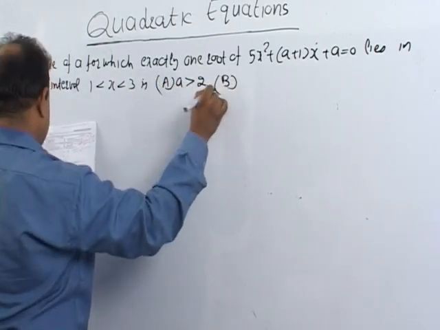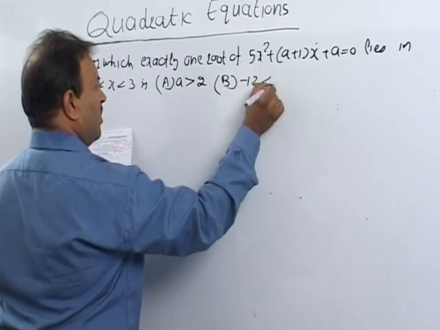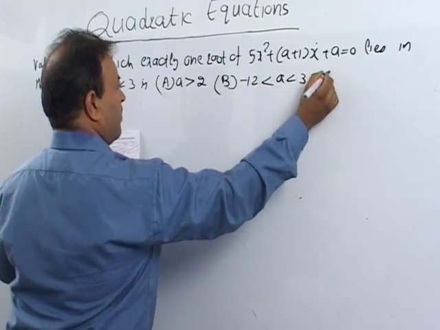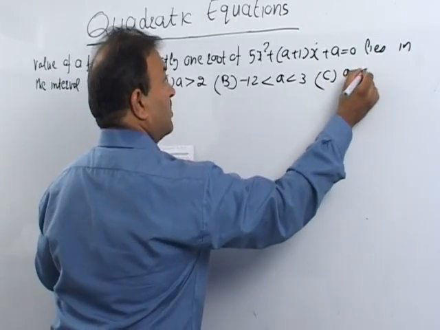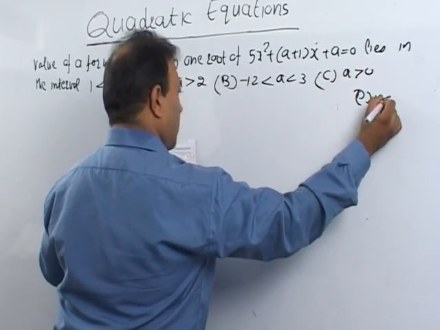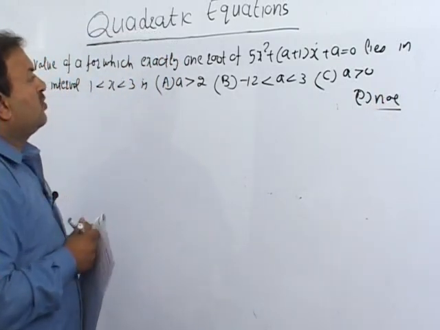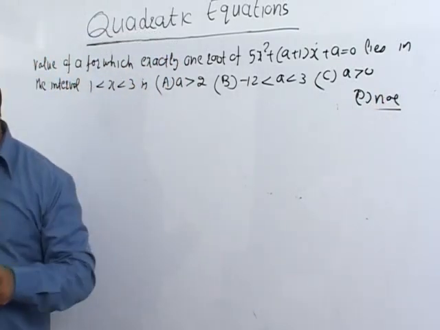B, minus 12 less than a less than 3. C, a greater than 0. And D, none of these. So here also no roots has been given to us.